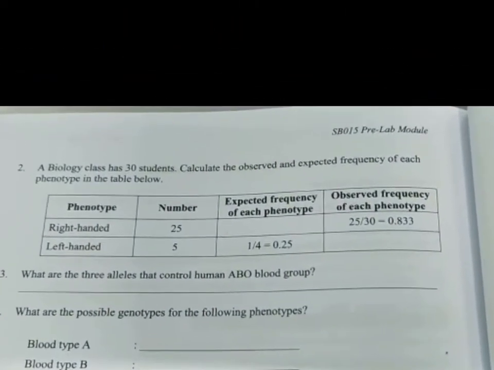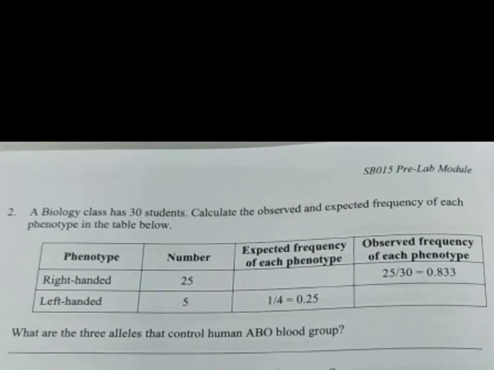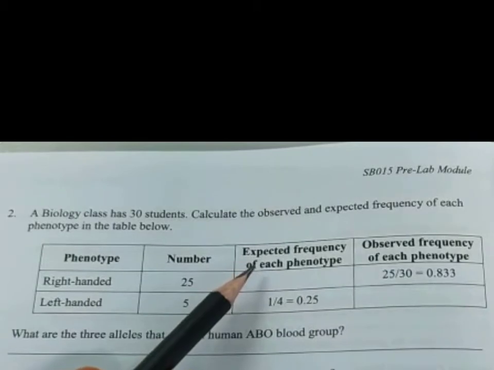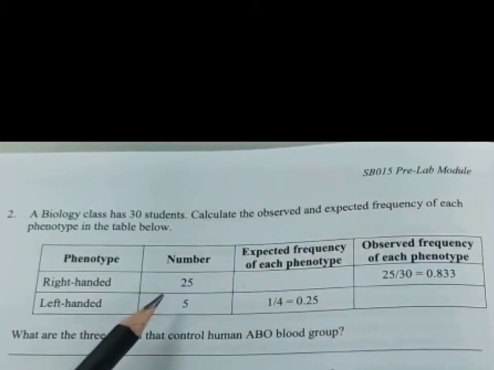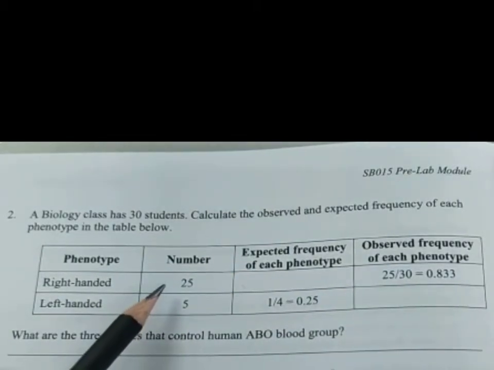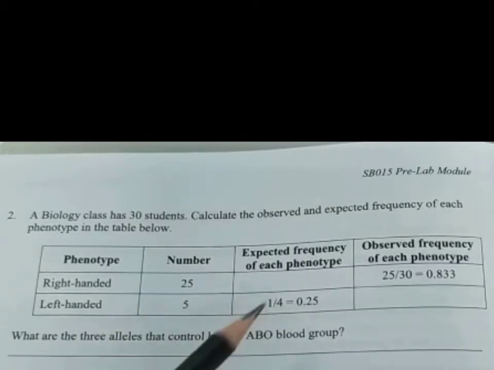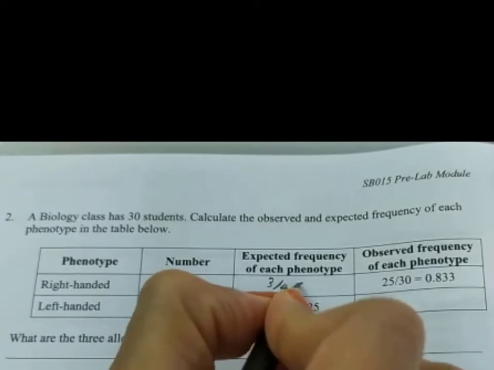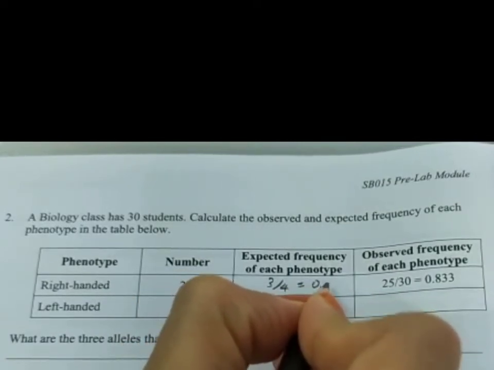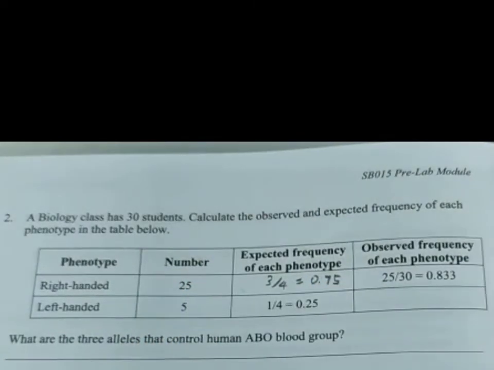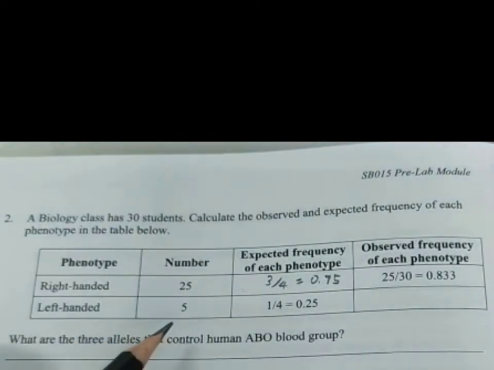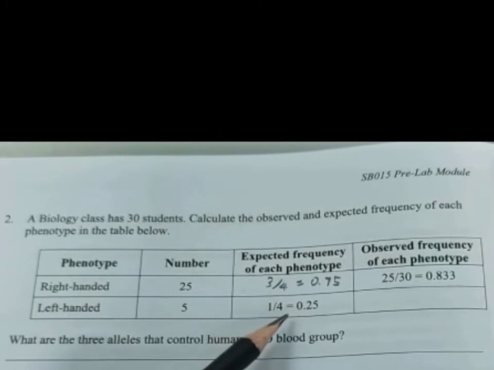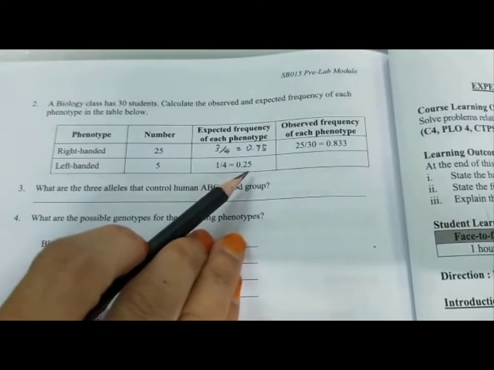According to Mendel's first law, for the expected frequency, the dominant genotype is usually 3/4 of the whole number of the class, which is equal to 0.75, and the recessive genotype is 1/4, equal to 0.25.